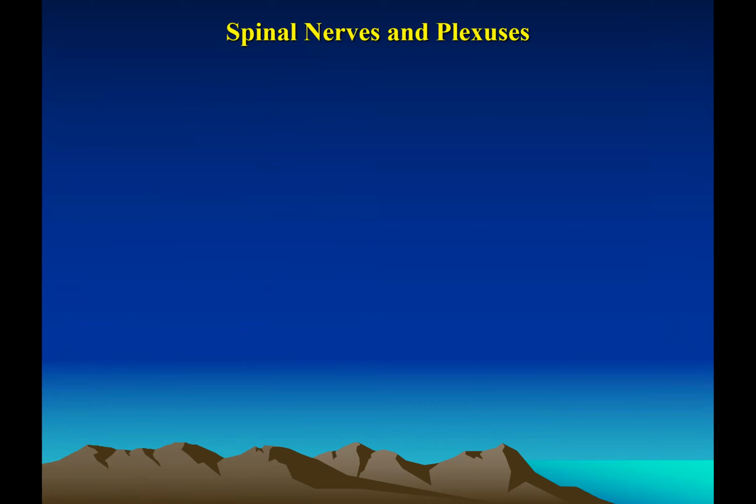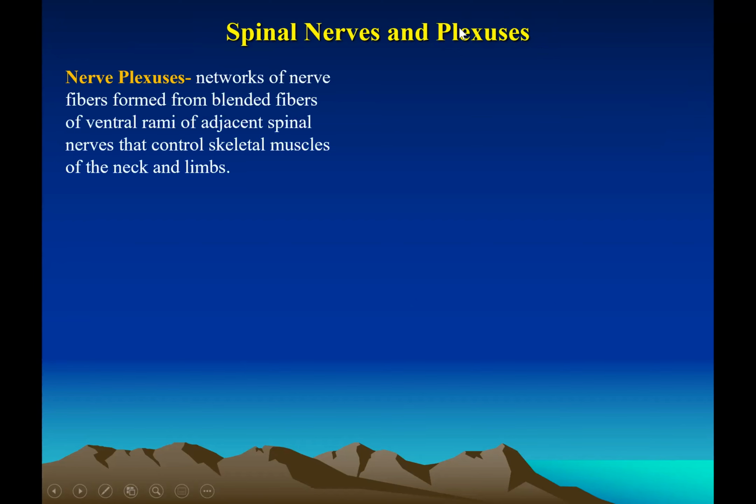The next thing is we are studying how they innervate: spinal nerves and plexuses. A plexus means a group of nerves. The branching of nerves is called rami, R-A-M-I. A network of nerves is called a nerve plexus.